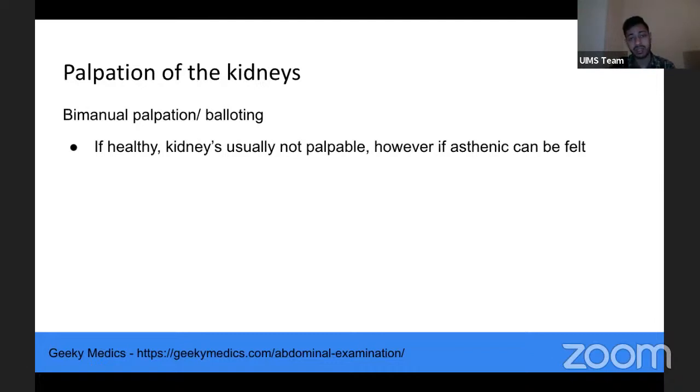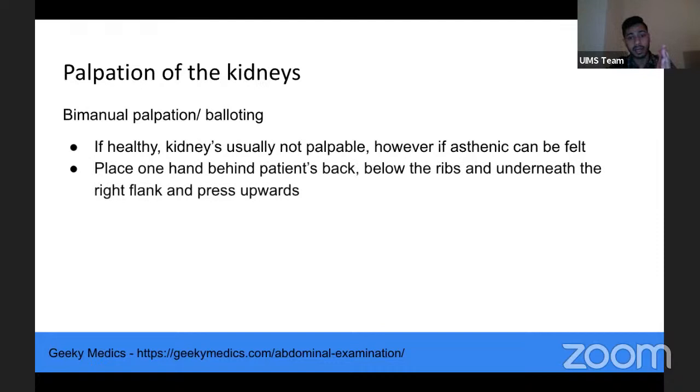And the way that we start the bimanual palpation is by placing one hand behind the patient's kidneys, below the rib, and then you press upwards, whereas with the other hand, we press downwards from the abdominal side.